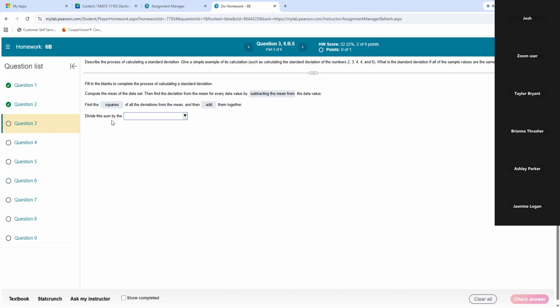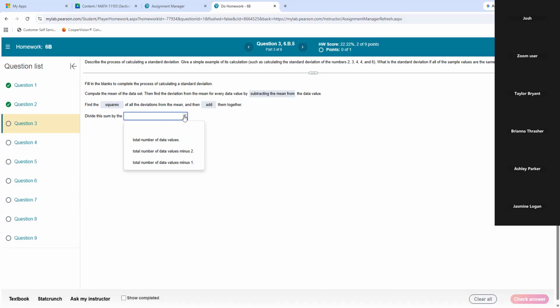All right, we divided this sum by the total number of data values, total number of data values minus 2, or the total number of values minus 1. So y'all, what would y'all pick on that one? The total data values, the data values minus 2, or the data values minus 1.